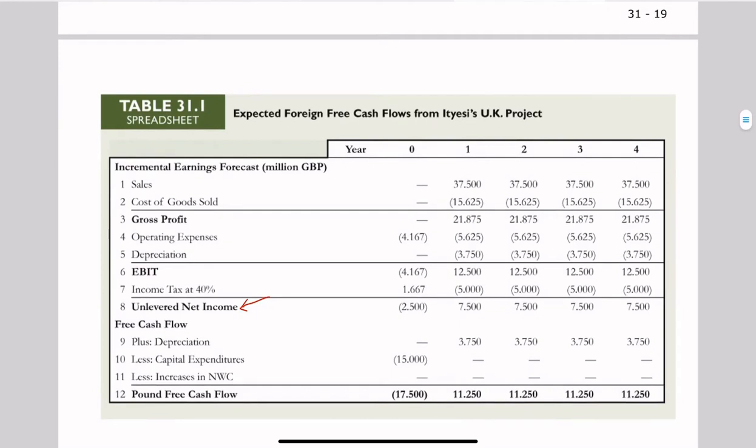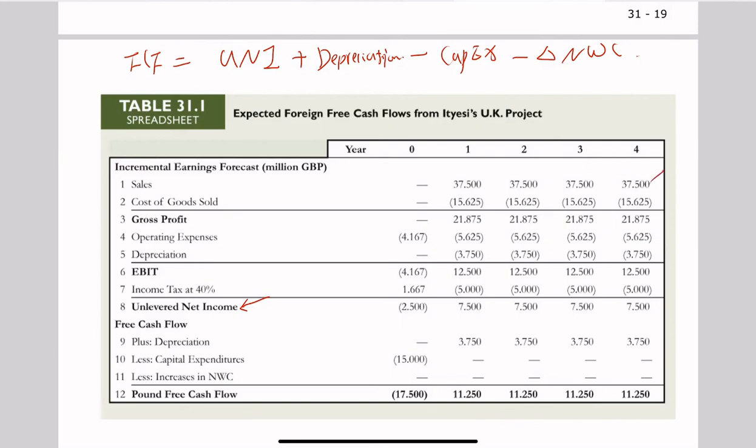We know that a firm's free cash flow equals unlevered net income plus depreciation minus capital expenditure and minus the increase in net working capital.